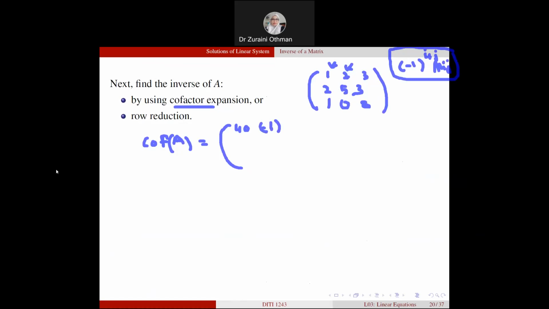So, it is -13. Macam tu. Okay, so kita dapat ini ialah -13. And lepas tu kita kira apa lagi? So dekat 3 ni, ini ialah place row number 1, element number 3. -1 kuasa 4. So it is positive number. So MIJ dia dekat situ 2 kali kosong tolak 5. So kosong tolak 5, -5.